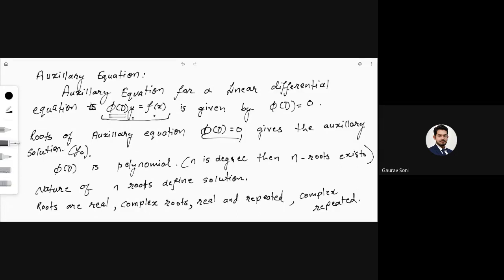It can be real roots, a combination of some real and some complex, a combination of real and repeated, or complex and repeated. So we will see what happens in these cases, and how we will write down the solution. We don't have to do any kind of derivative or integration.